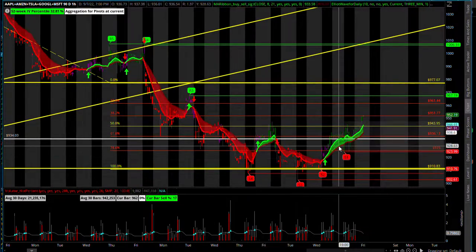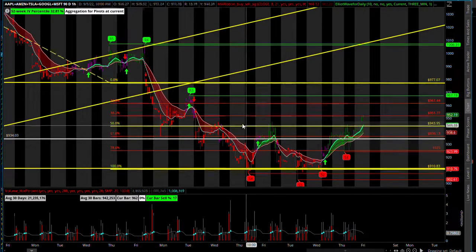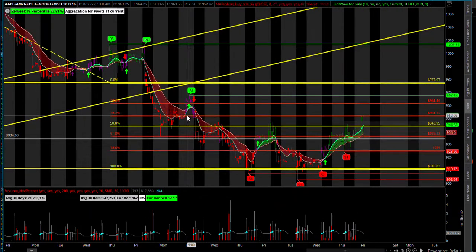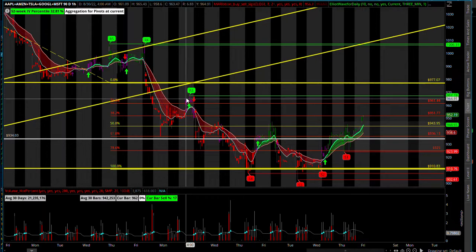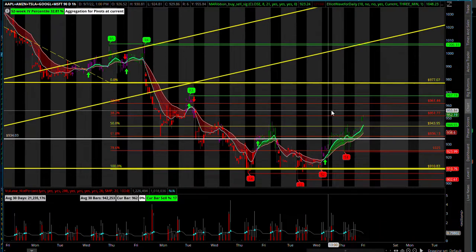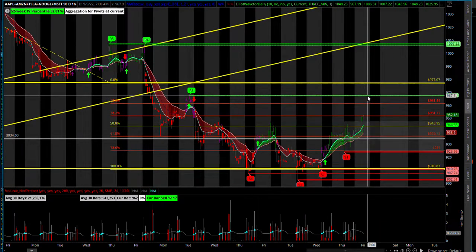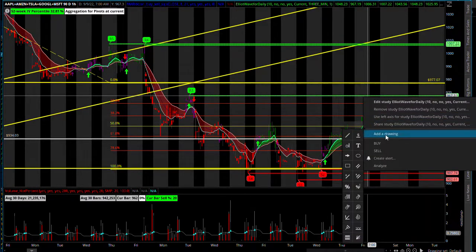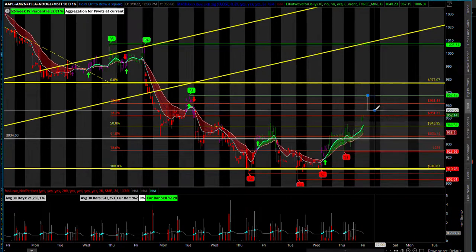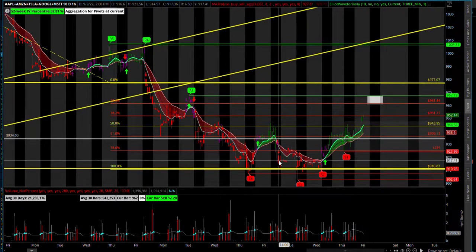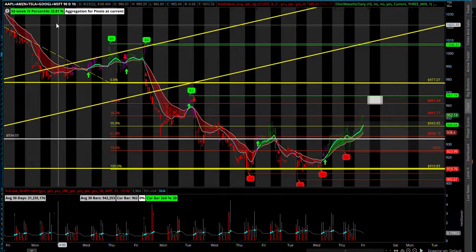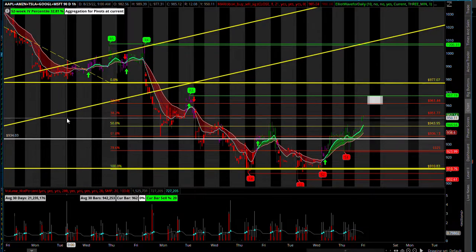See, it's like a head, you know. We're right here testing critical resistance, thinking that we're probably going to get a move up and retest this R3 today. So ultimately, I'm looking for Megatech to possibly be coming up to this area up here on my conglomeration chart. So bullish.